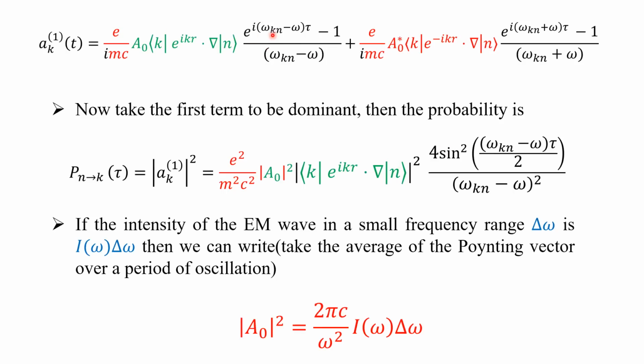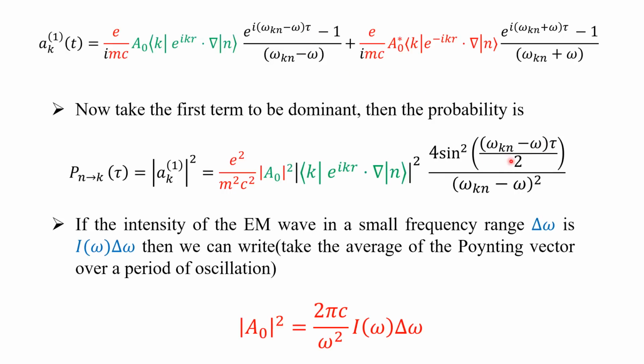Then if you square this exponential term, you will get 4 times sine squared of omega kn minus omega tau over 2, over omega kn minus omega squared. The 4 sine squared I have already explained in the harmonic perturbation: if you square e power i theta minus 1, you will get 4 sine squared theta by 2.